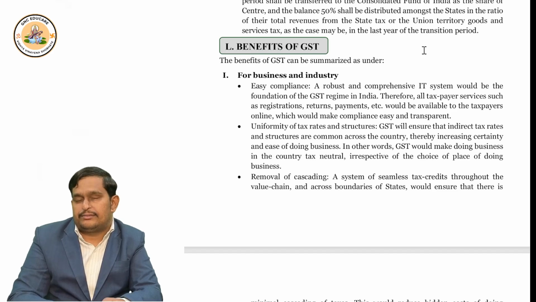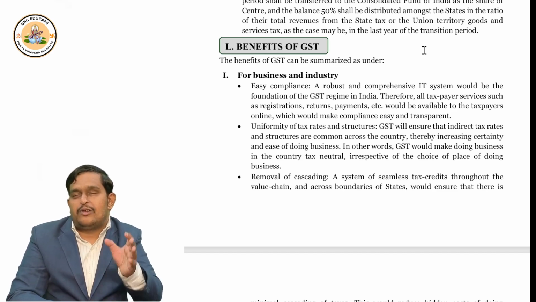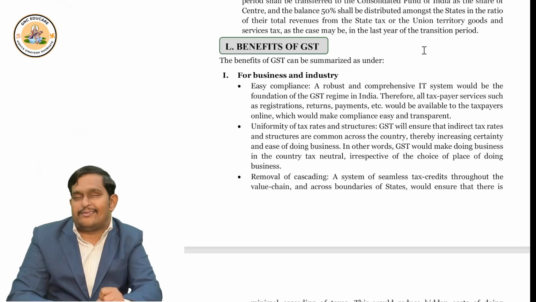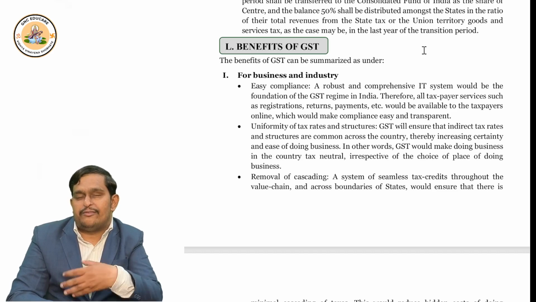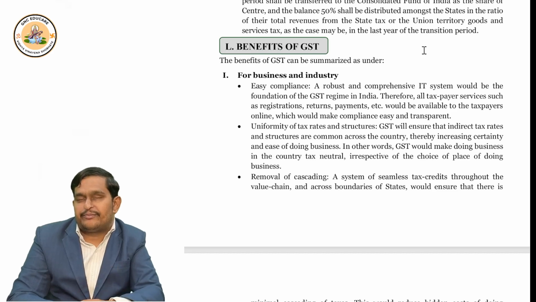So what did you learn? You learned that government's revenue increases. So I already said to you, government is able to administer things well. Now earlier there was lot of leakage because everything was manual. People were to submit dummy bills. So it was manual and it created problems. But now for government there is no leakage of revenue.